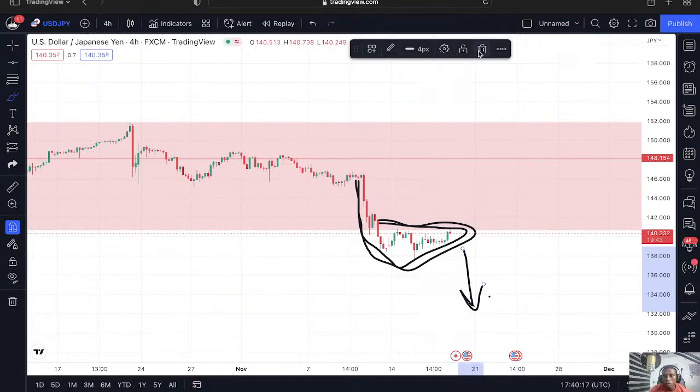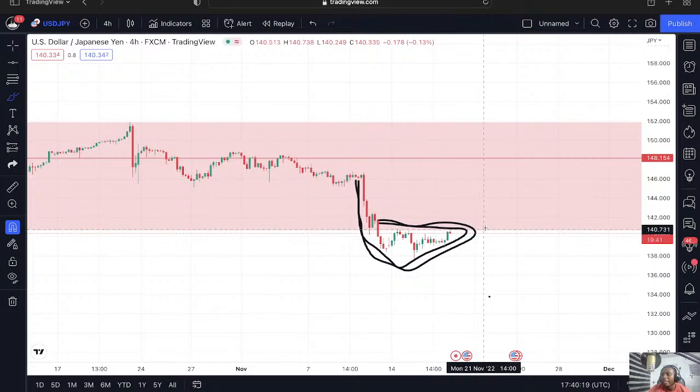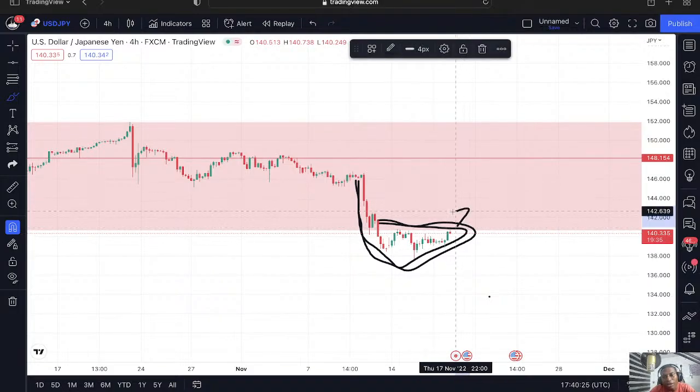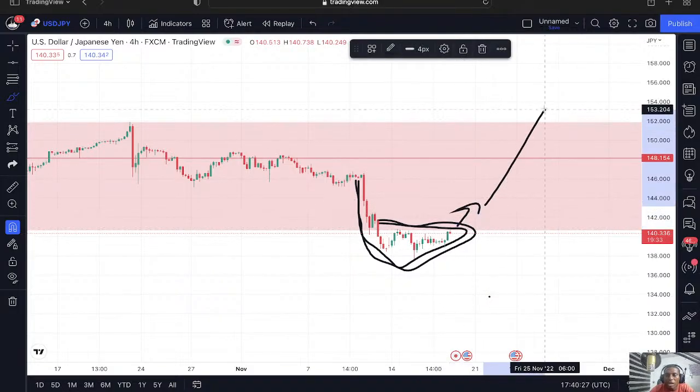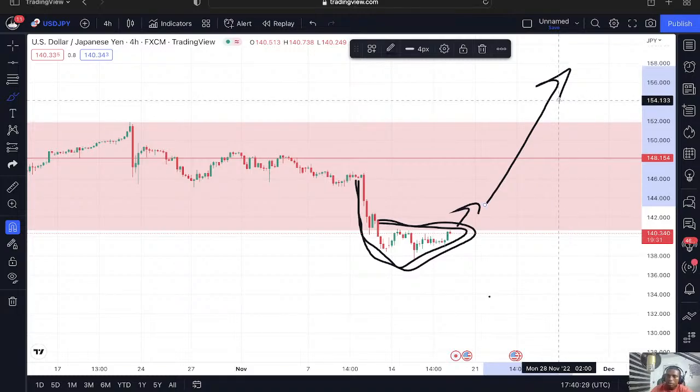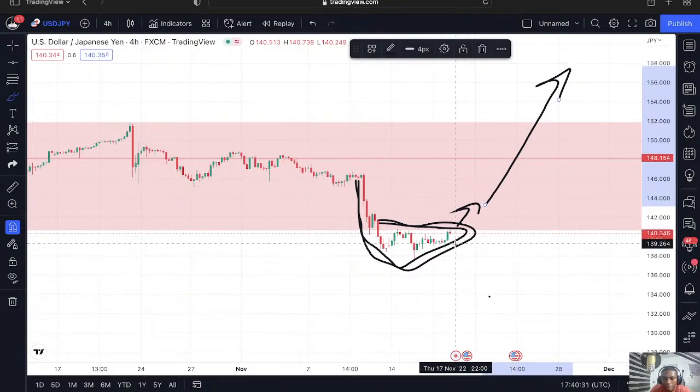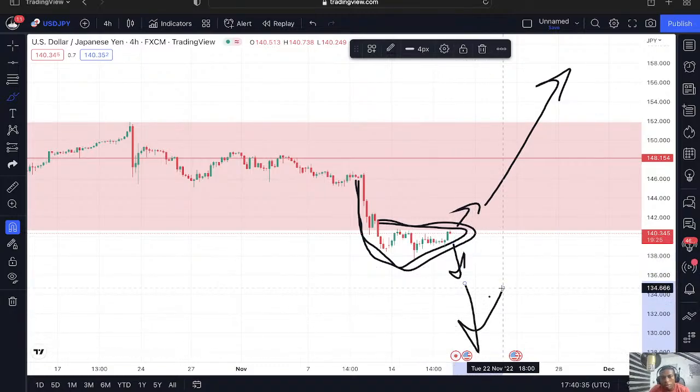However, it is still subject to market sentiment. So if price breaks out of this region, then we might see price go higher, and if price breaks down from this, we might see price go lower.